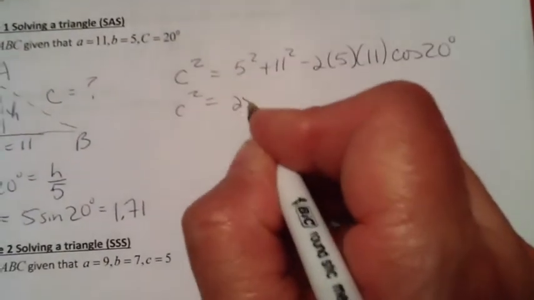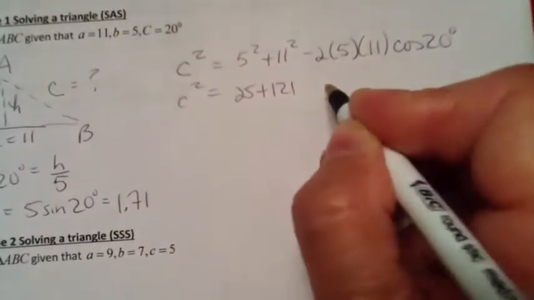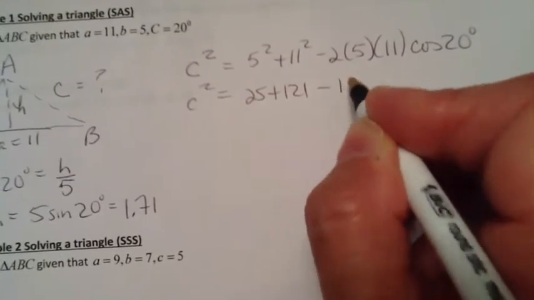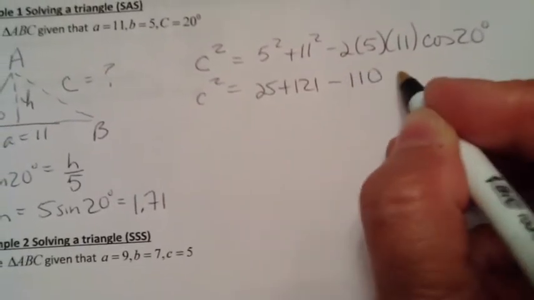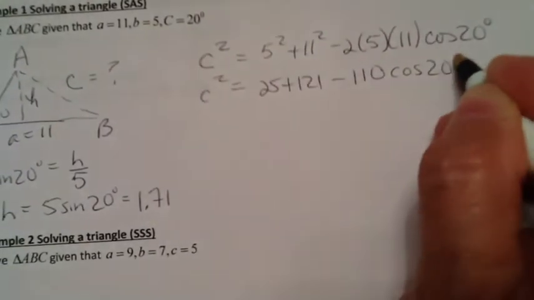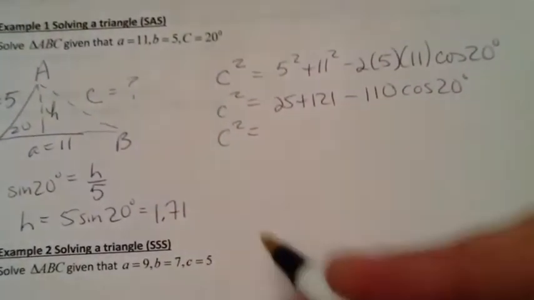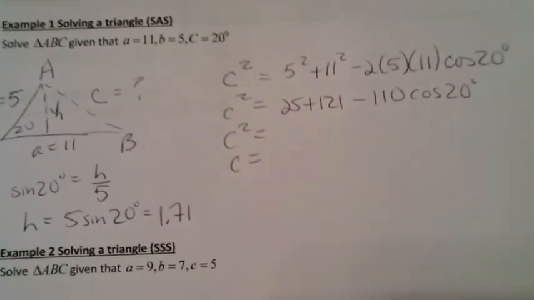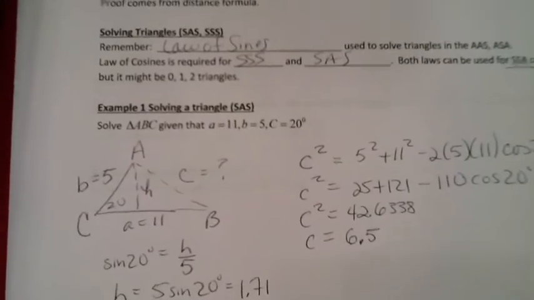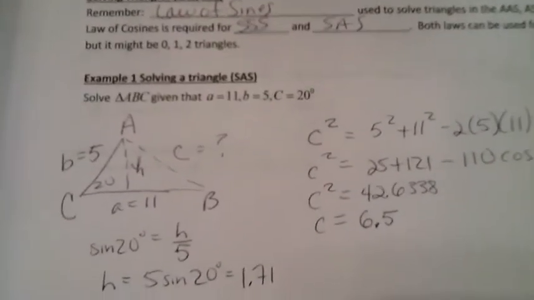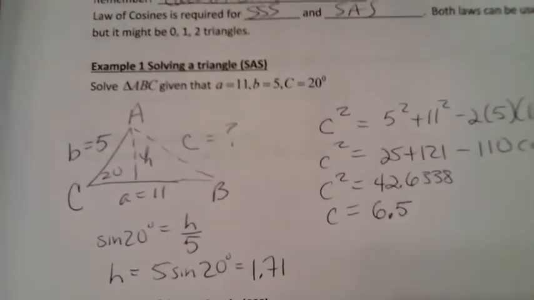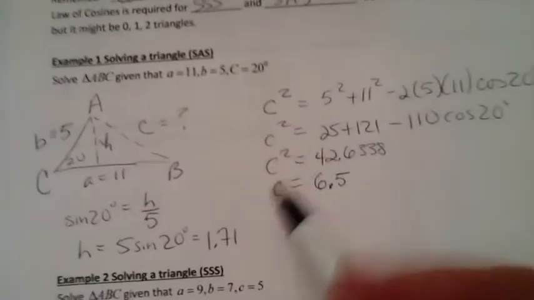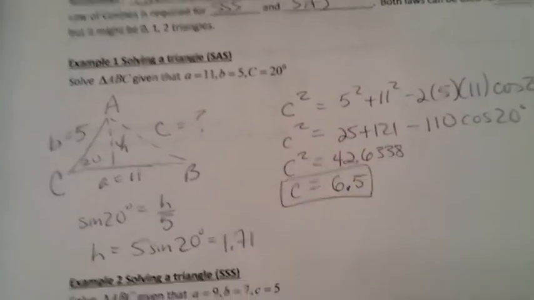I'm going to get 25 plus 121 minus 110 times the cosine of 20 degrees. And we're going to get a number that we're going to have to take the square root of. So I plug this in my calculator and I get C is 6.5, and it's definitely bigger than H, so we are okay. So that's one of the sides.